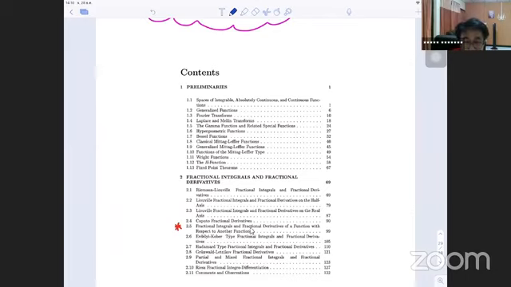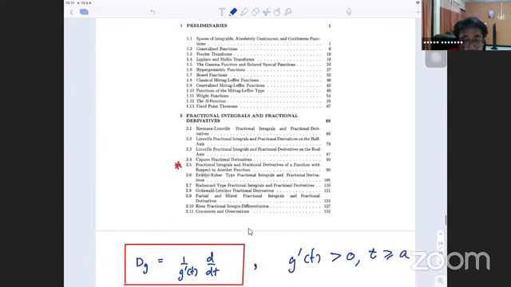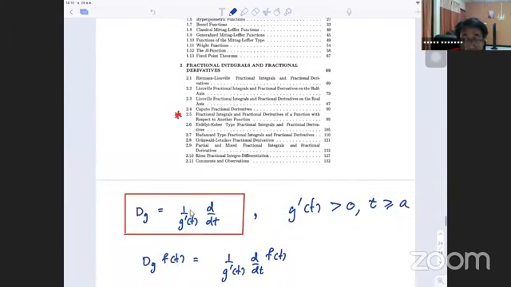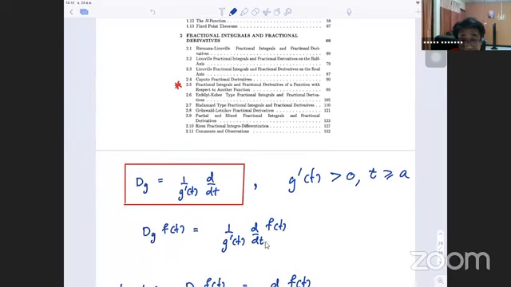Fractional integrals and fractional derivatives of a function with respect to another function. Defined by this. D with respect to g. G is a function. The function is the increasing function, g prime greater than 0. Define this.